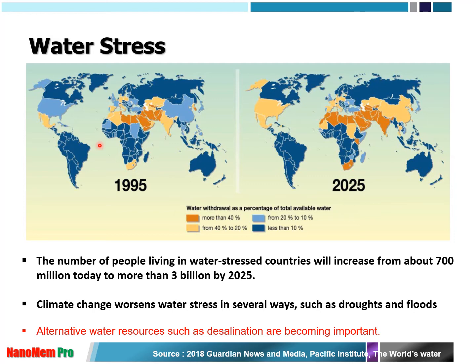So this color is changed significantly in 2025, and this will be accelerated because of the unpredictable climate change, also our population growth, and therefore we need alternative water resources such as desalination are very important in the future.